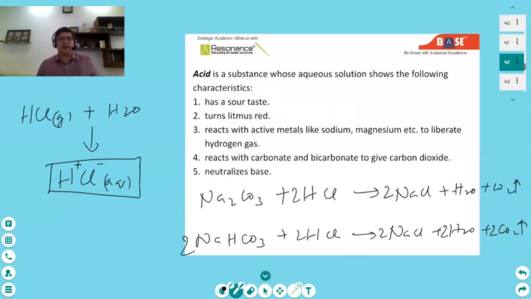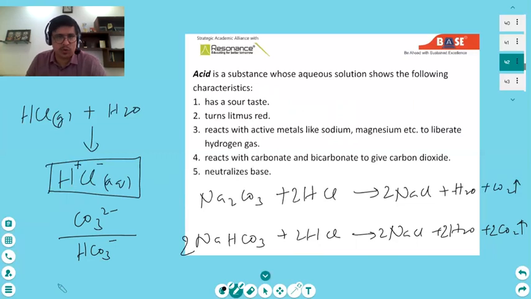So remember that whenever an acid reacts with a carbonate, which has CO3 2 minus, so carbonate is CO3 2 minus, and bicarbonate is when you add hydrogen, the minus charge becomes less, it will be 1 minus. Then it will give you salt, water, and carbon dioxide, which you are learning from your lower classes.